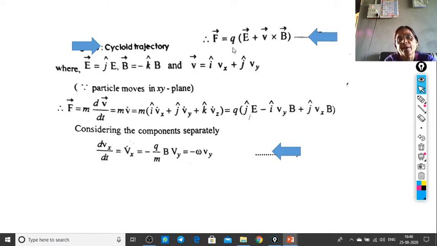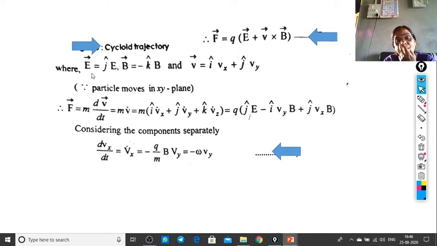This Lorentz force F bar is equal to q times (E bar plus V bar cross B bar). In an electric field F bar is simply q E bar; in a magnetic field F bar equals q times V bar cross B bar. Since both E bar and B bar are applied simultaneously, the resultant force, the Lorentz force, is q times (E bar plus V bar cross B bar).